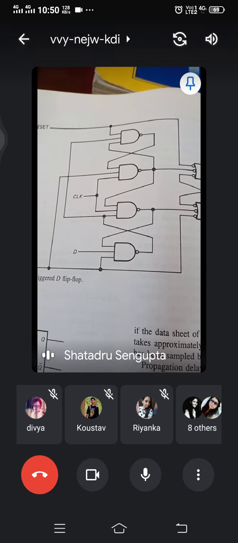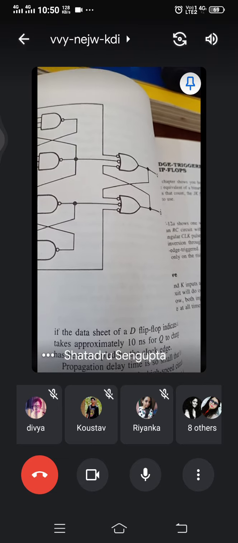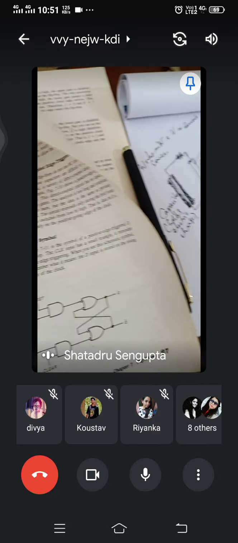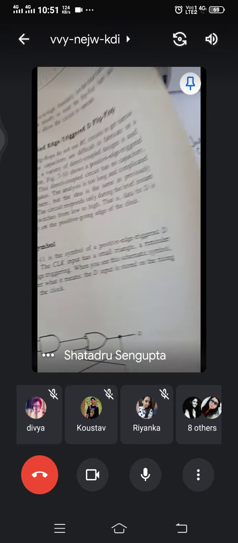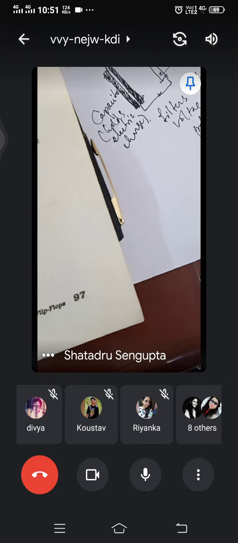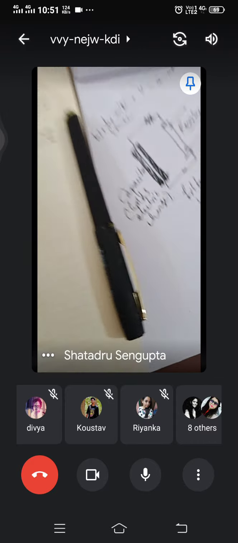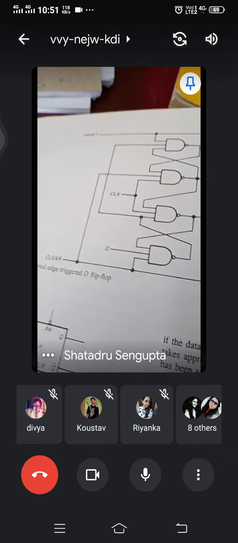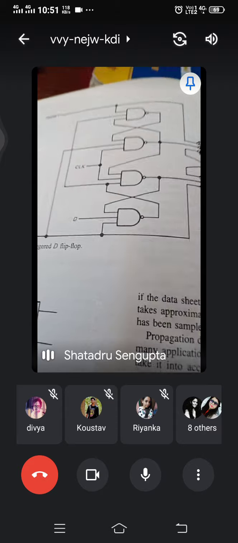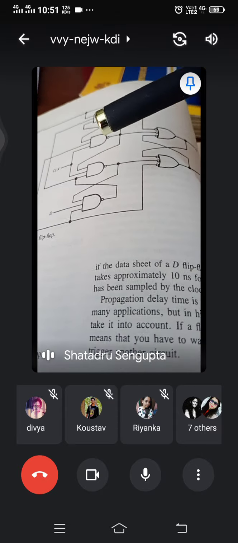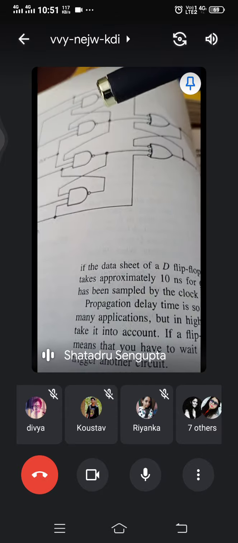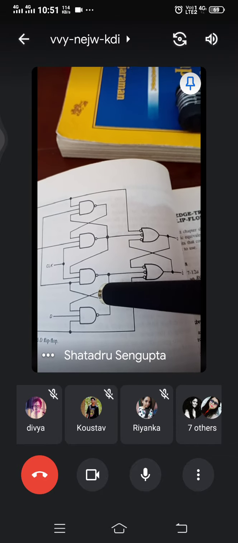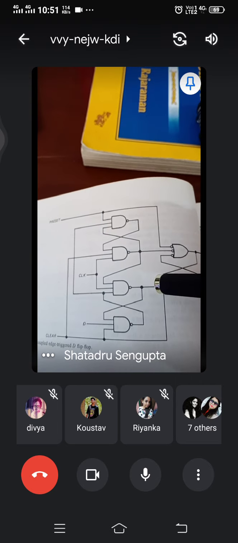Here the RC circuit is not there. Here basically what is happening is, I'm obviously going to upload this video, so I'll leave you guys to understand this by using a truth table, but just as a guide I'm telling you.